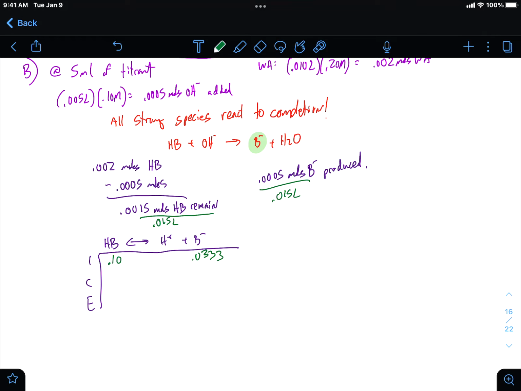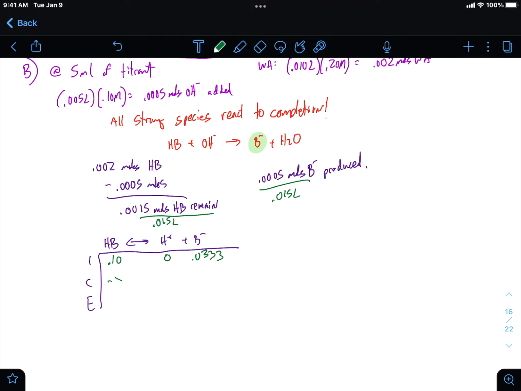Pause here and digest that for a second. Are you okay with what we've done so far? We've neutralized some of the original weak acid. We have made some conjugate base, and now we are recalculating what the concentrations are so we can use them in an ice table. And we always reset the value of H plus to 0 when we work it this way.